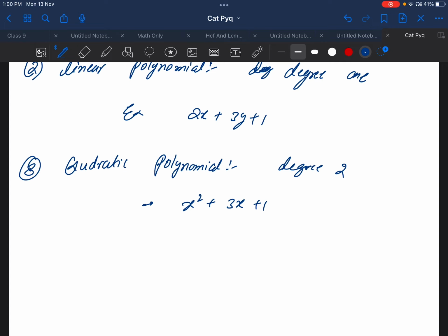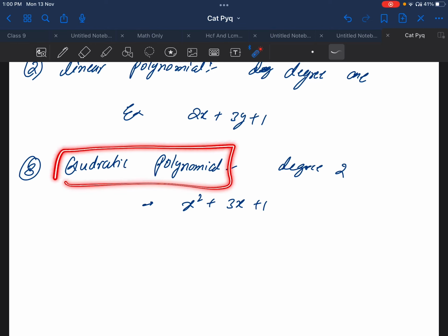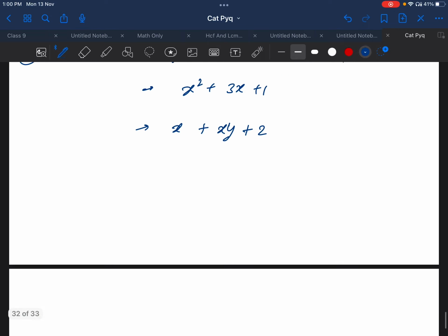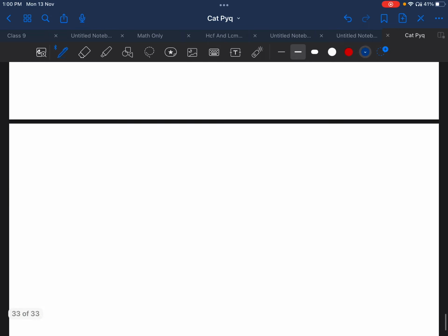This is a quadratic polynomial because the degree of the variable is 2. This is also a quadratic polynomial, a two-variable quadratic polynomial, because the degree is 2.